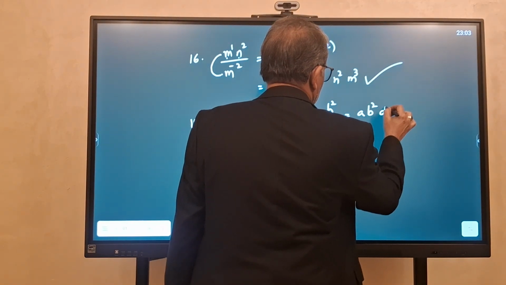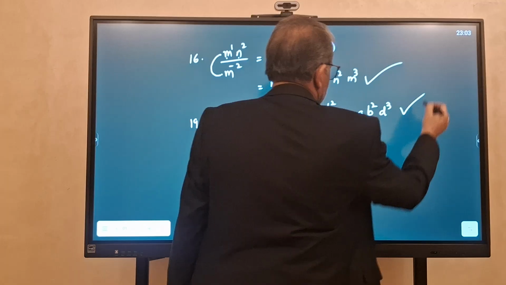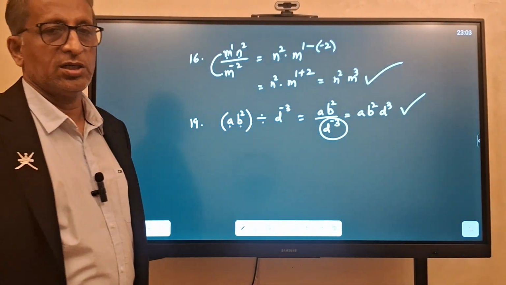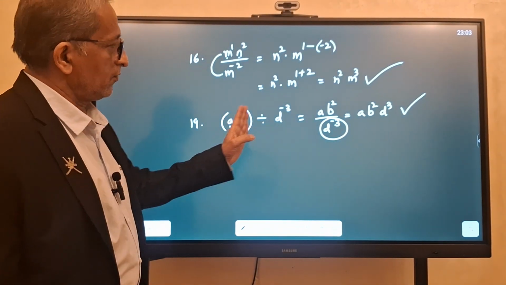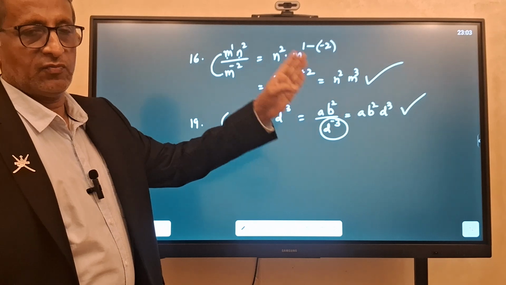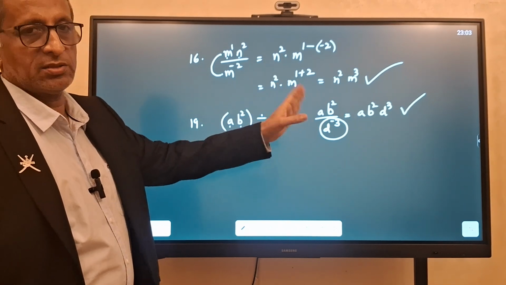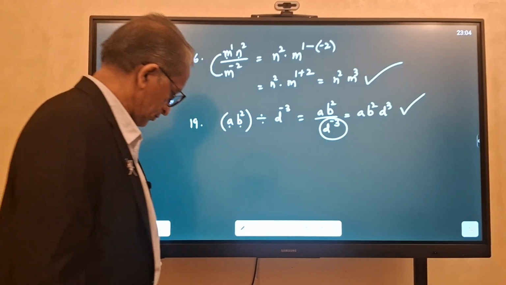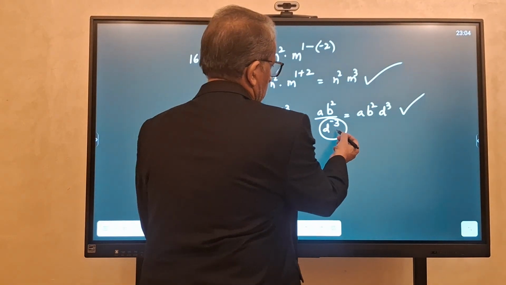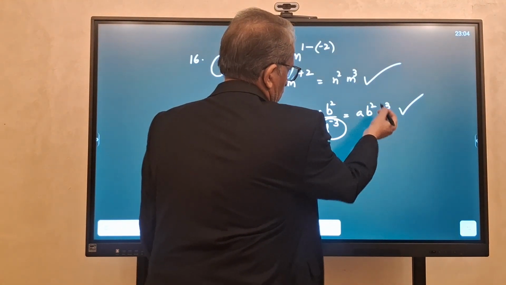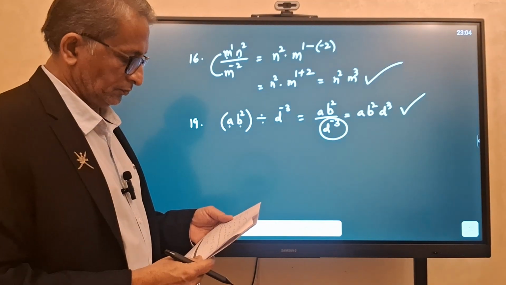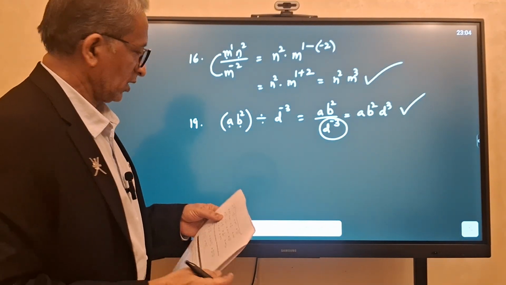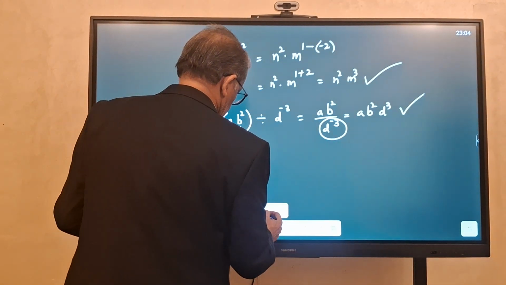This I will bring up, then that is the answer. a b square d cube is the answer. We have three index numbers with no common base. Therefore, we cannot use any law here except changing the power from negative to positive. Going for 23.